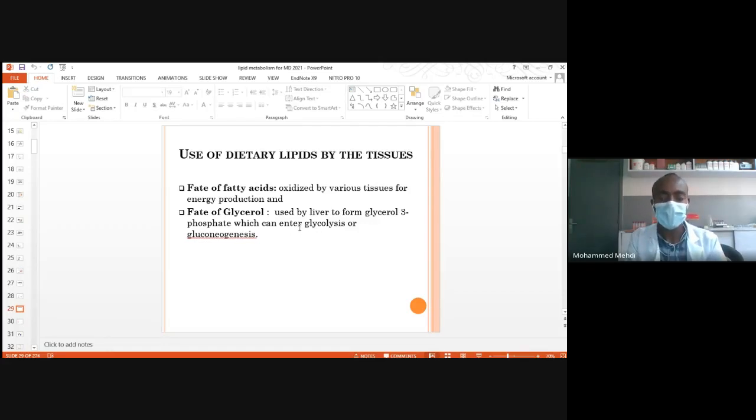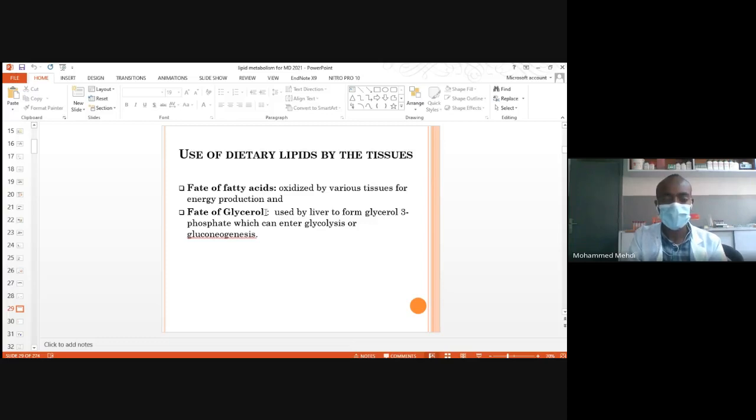Through glycolysis, two net ATP will be formed. Through gluconeogenesis, it will be converted back to glucose. So this will be a source of glucose synthesis during hypoglycemia. A hypoglycemic condition causes the conversion of glycerol to glucose.